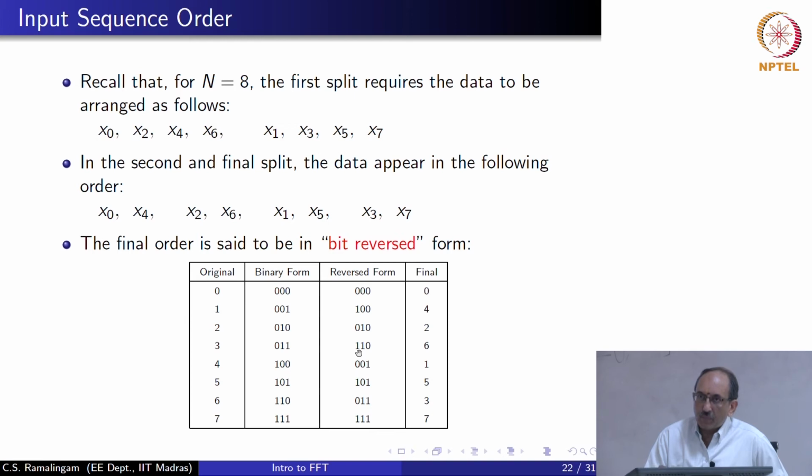Because after all this computational advantage that you have gained, if bit reversal requires a lot of overhead, then you are back to square one. You have not gained anything, alright. So it is also important for you to realize that you need efficient processes for doing bit reversal.